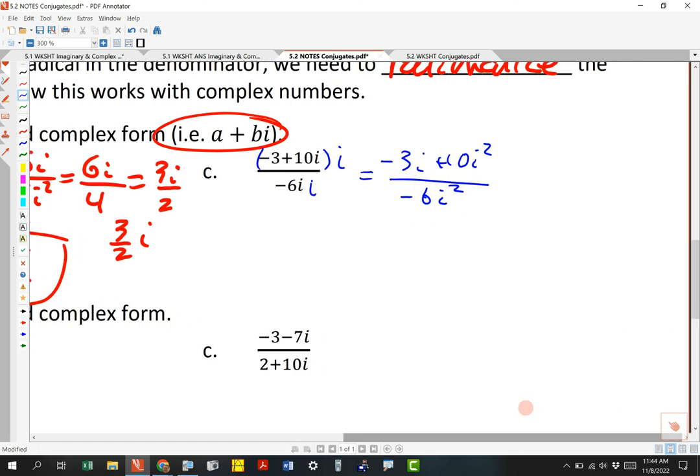So this is going to be, let's see, negative 3i minus 10 over 6, because negative 6i squared would count as a positive 6. I'm going to flip-flop the two of these, so this is a negative 10 minus 3i, and I'm going to divide both of them by 6.